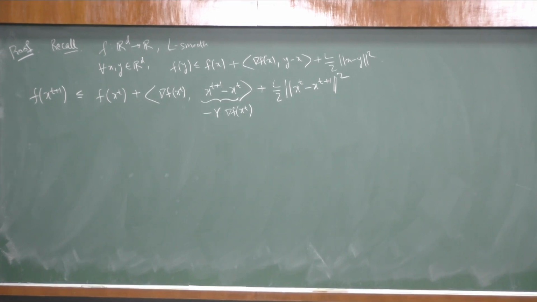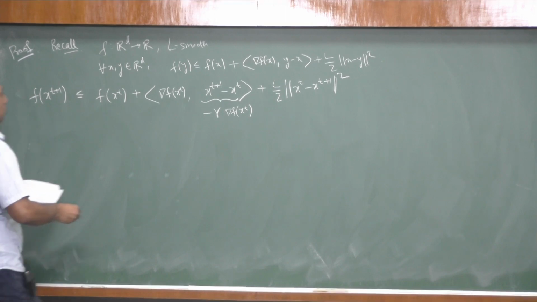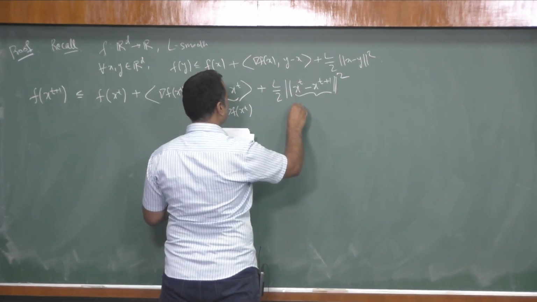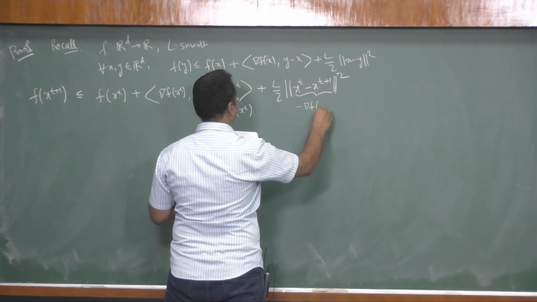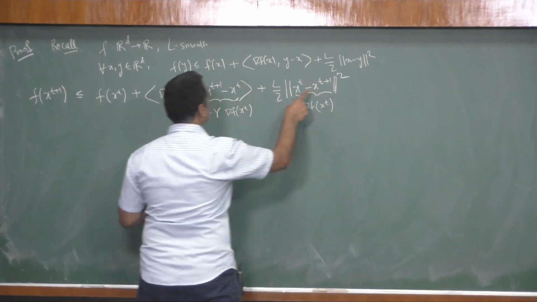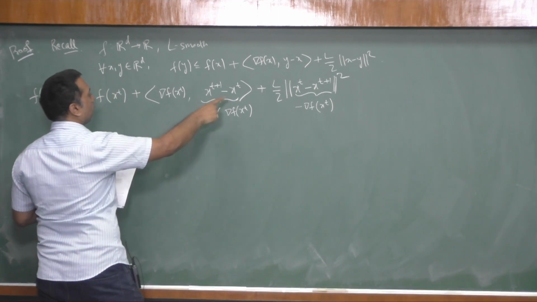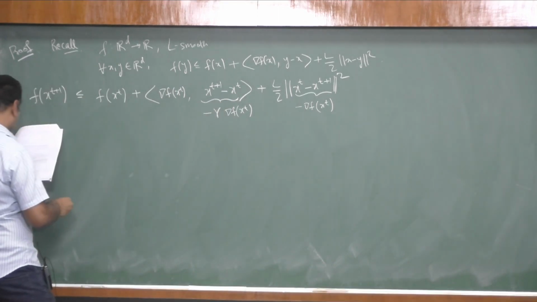And what can we do for the second term here? The second term also we will invoke gradient descent. So this will also be minus grad f(x_t), same argument. Then we see norm grad f(x_t) squared here, and here also norm grad f(x_t) squared, and we take the constants together.